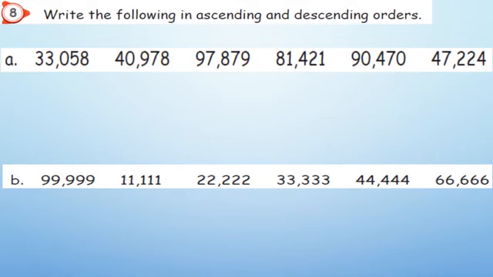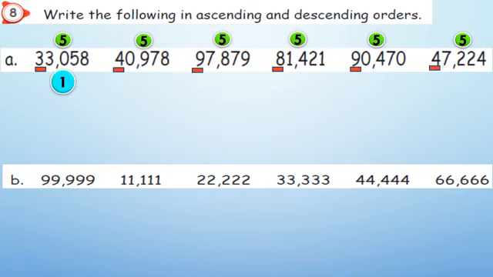8th sum. Write the following in ascending and descending order. Here all the digits are the same, that means all are 5-digit numbers, isn't it? Okay. Then what to do? We have to underline the first digit. Now it is easy for you to do this, isn't it?